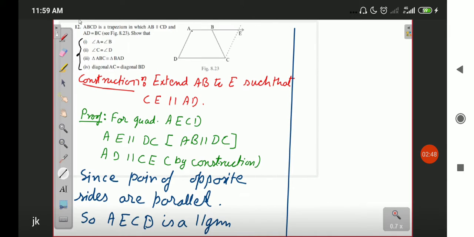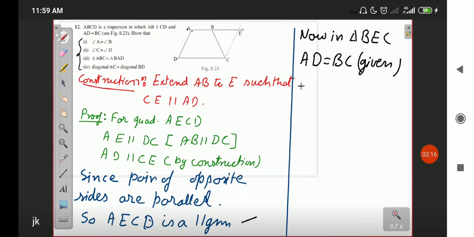Okay, so this is the first part. First of all, we will do 2 things. We will prove that AECD is a parallelogram, that we have done. Secondly, we will prove that BEC is an isosceles triangle. Now, in triangle BEC, you have AD and BC equal. AD is equal to BC, it is given to you.